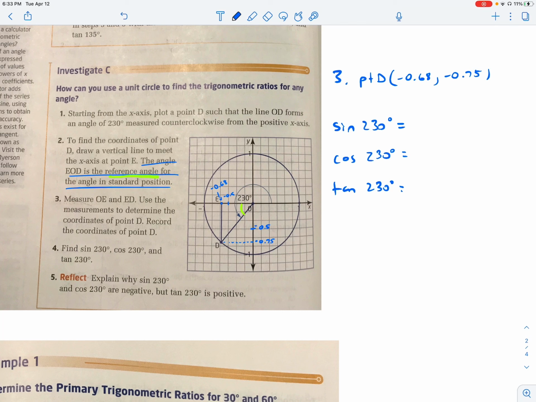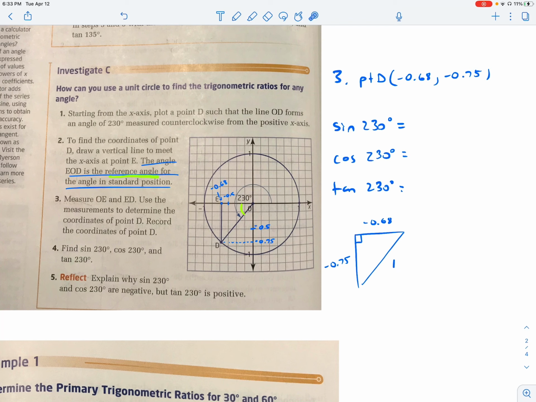I'm not going to use my calculator. I'm going to use the information here. If I redraw this triangle, it looks like this: negative 0.68, negative 0.75, and it's a right angle. Remember, it's a unit circle, so the radius is always 1, so the hypotenuse is 1.